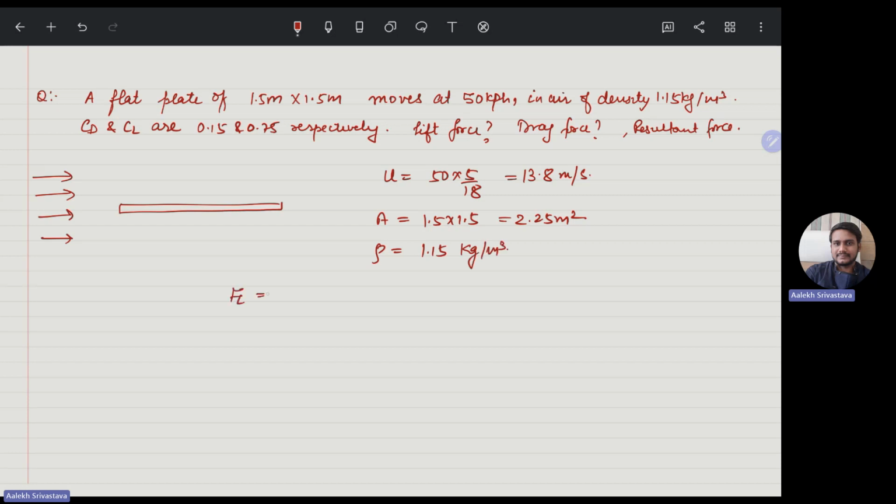Now the lift force is CL into A into half rho U square.